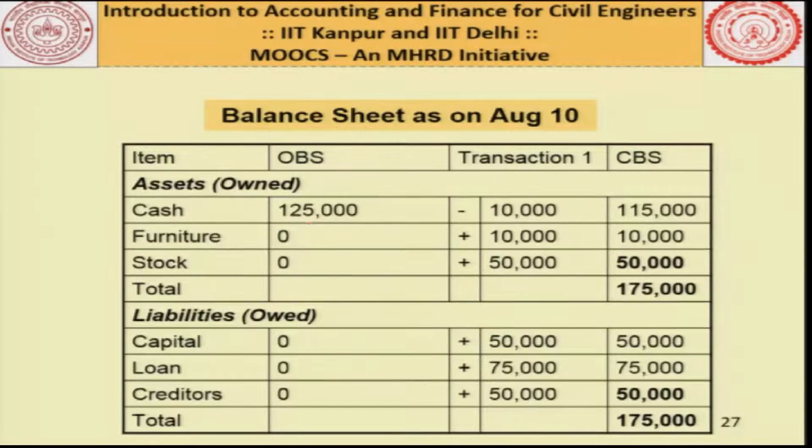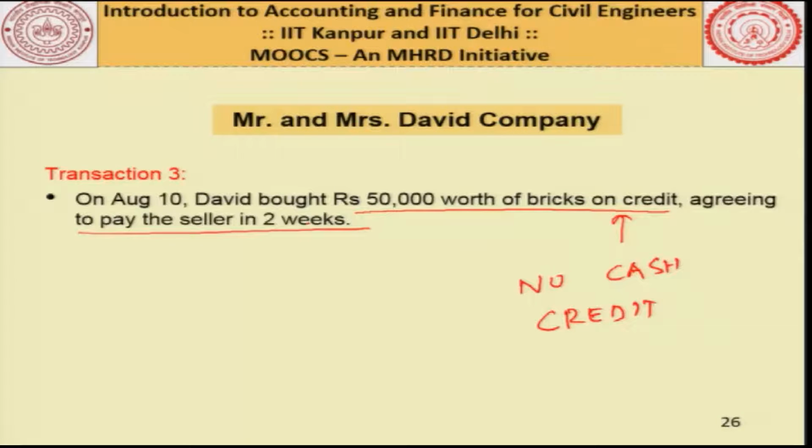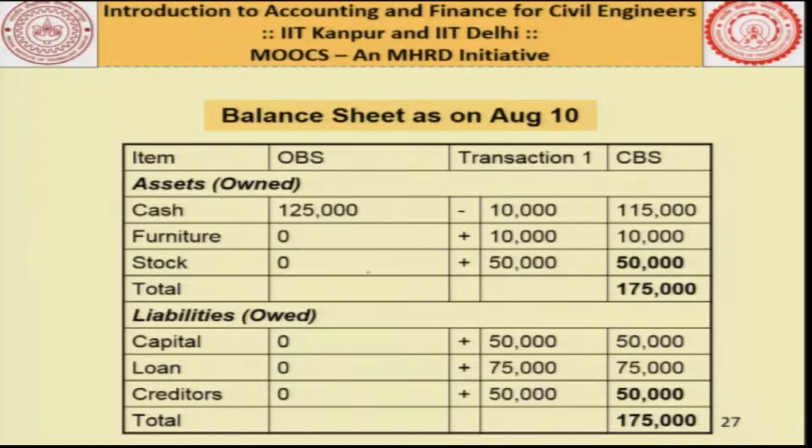Cash, this was earlier, we have purchased these bricks for 50,000. So, stock is 50,000, it was 0 earlier. Furniture no change, cash no change, 115,000. So, my total asset now is 175,000.